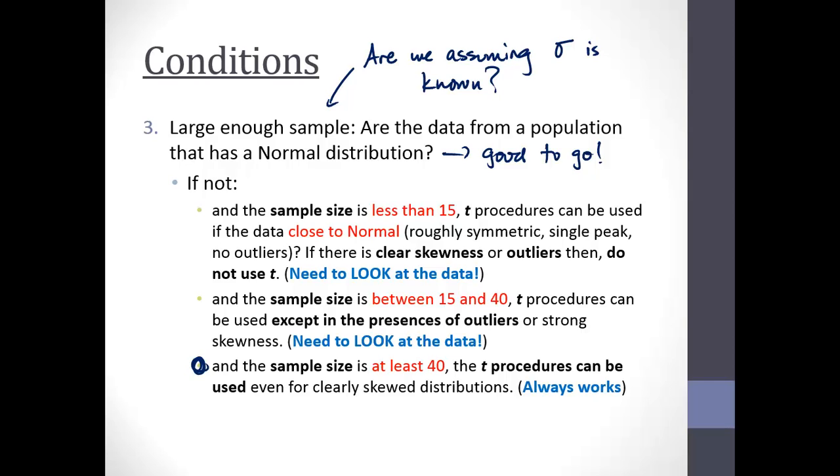The difference now is that if your sample size is less than that, there are intermediate cases, and it depends on how close to normal the data and the population are. Again, if the distribution is normal, then we're good to go for any sample size.